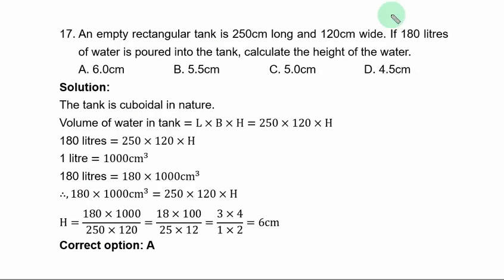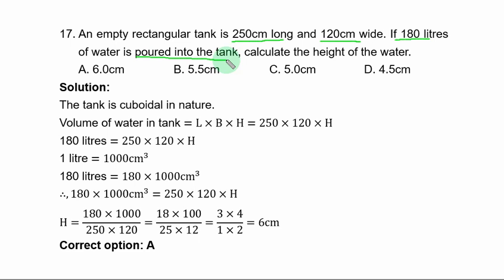Question 17. An empty rectangular tank is 250 cm long and 120 cm wide. If 180 liters of water is poured into the tank, calculate the height of the water. The given dimensions suggest that the tank is in the form of a cuboid.